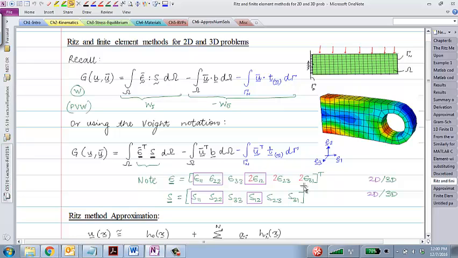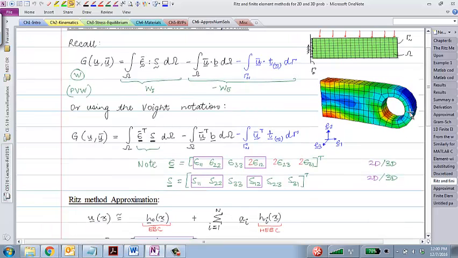Strain tensor, if you have components, is 3 cross 3, 9 components, but 6 of those are unique. So I've just listed out those 6 components of the strain tensor here, and similarly the 6 components of the stress tensor here in 3D. The purple box around here denotes only the components that would be required for 2D. The green ones are the ones that are required for the complete 3D problem.